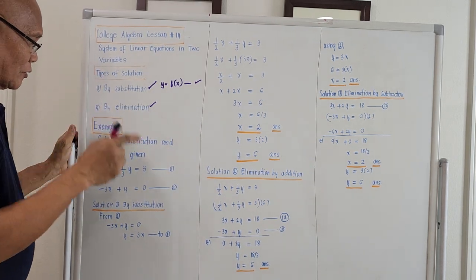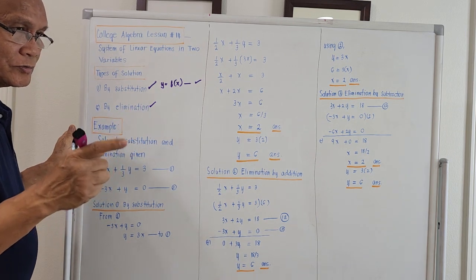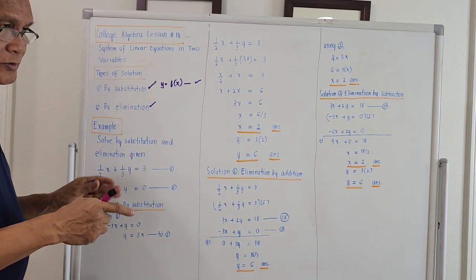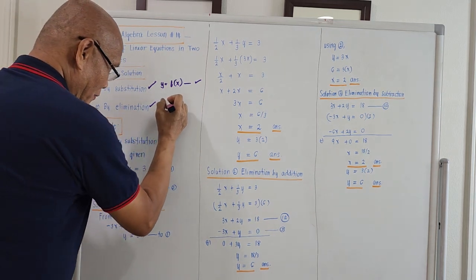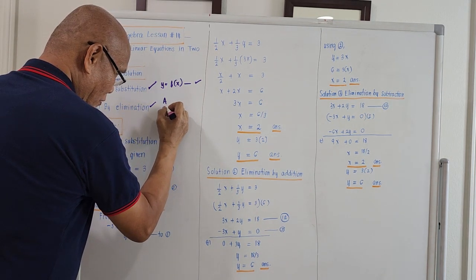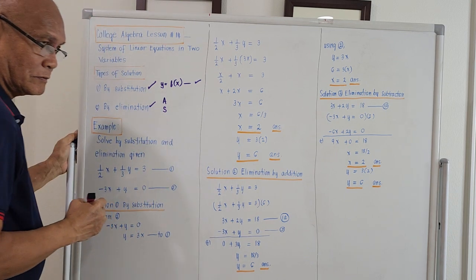Under the method of solution by elimination, there are two types: elimination by addition and elimination by subtraction.